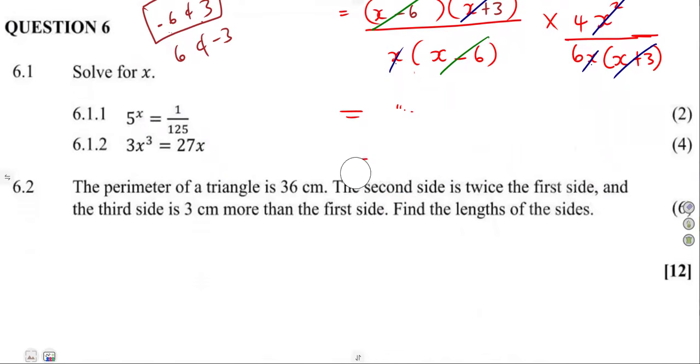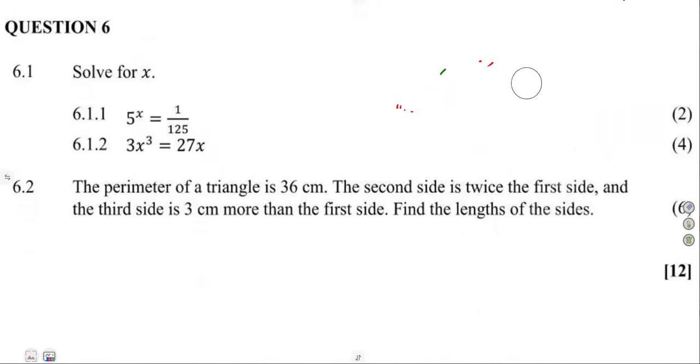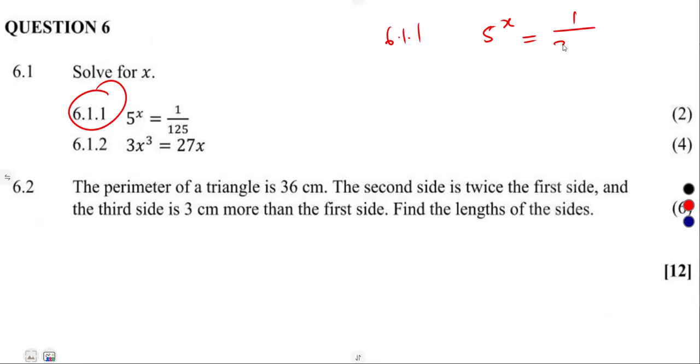Question number 6. Solve these equations. We have to solve for what? For x from the following equations. The first one, 6.11: 5 to the exponent of x is equal to 1 over 125. Remember, 125 can be written in the base of 5 as 5 to the exponent of 3.